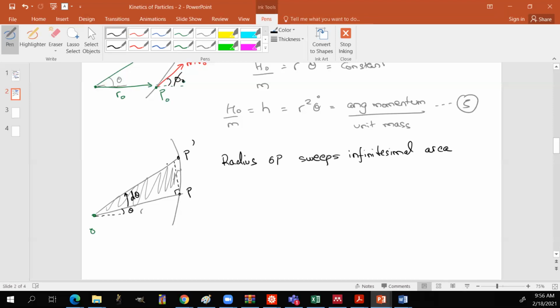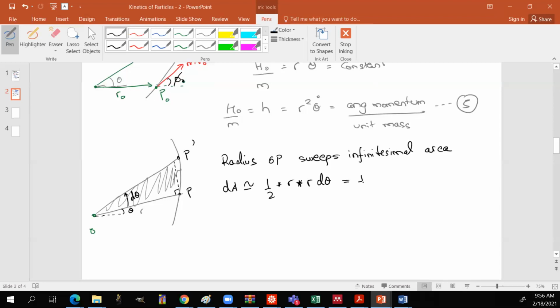And this whole area we can approximate with this triangle. So that's just going to equal half times the base r times this height here, which we can approximate as being equal to r times d theta. Think of arc of a circle.